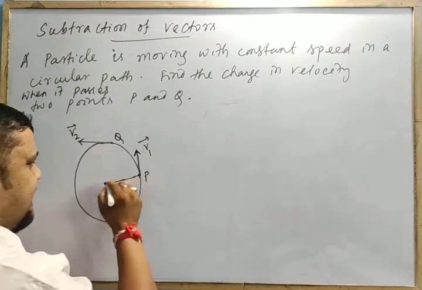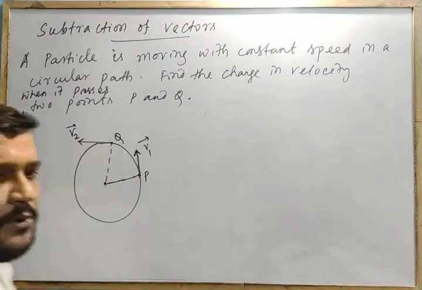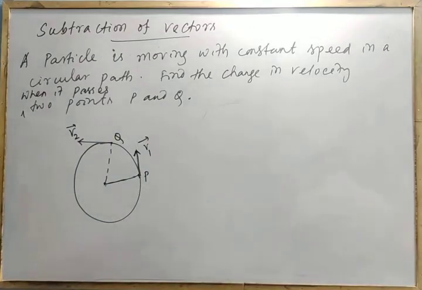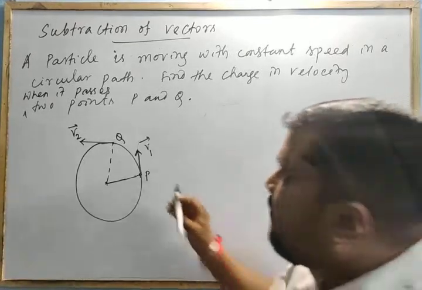Now it goes from point P to point Q. Clear? So when it goes from P to Q, what is the change in velocity?